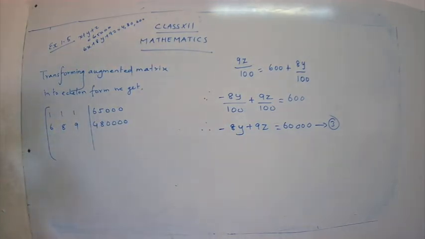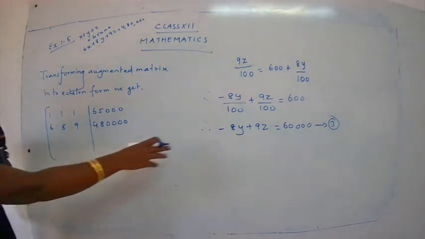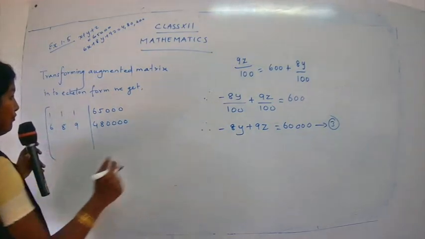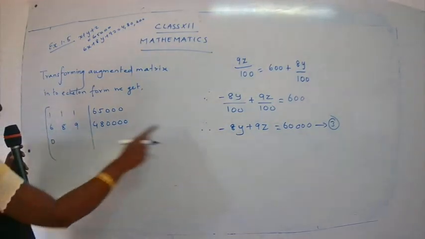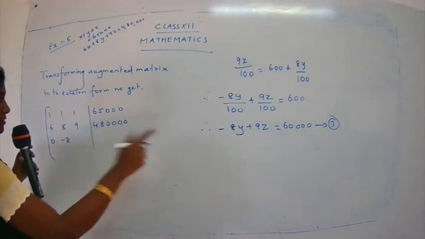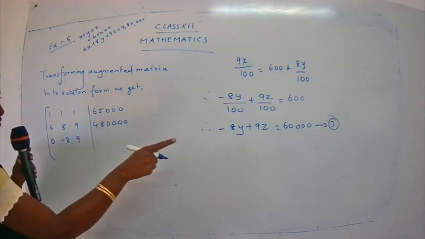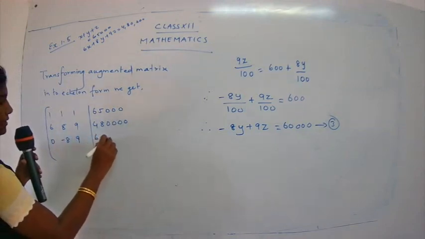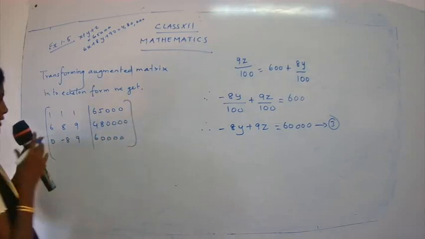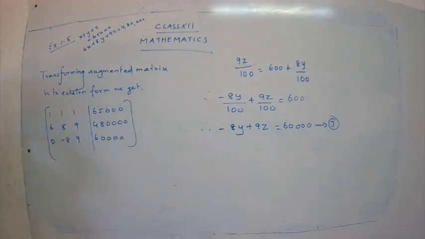The last one, I don't have an x term, so the coefficient is 0: 0, minus 8, 9, constant term 60,000. Okay, done. 1, 1, 1, 65,000; 6, 8, 9, 4,80,000; 0, minus 8, 9, 60,000.